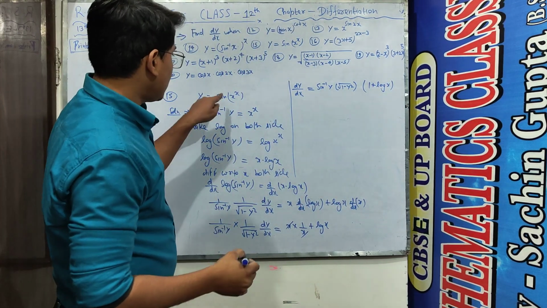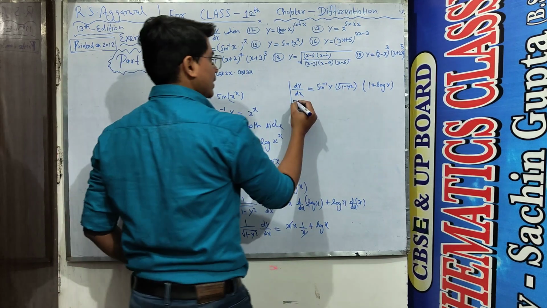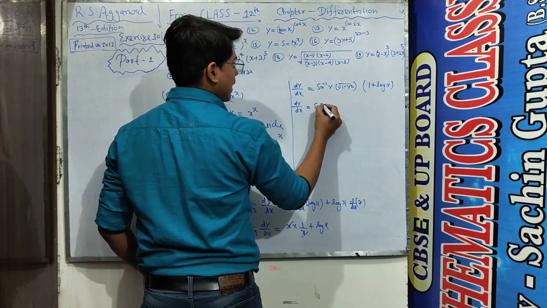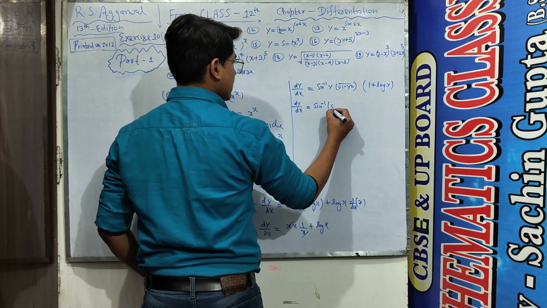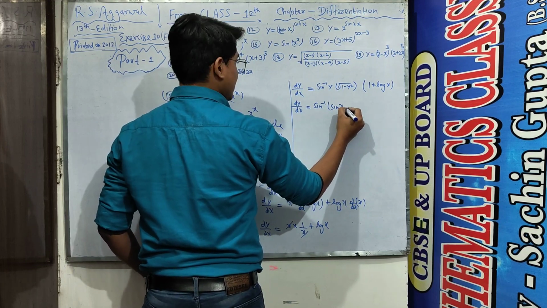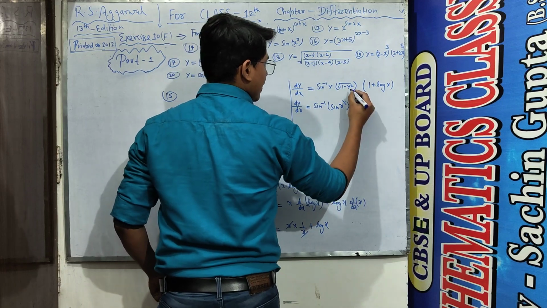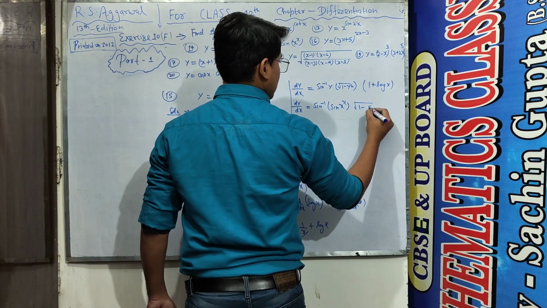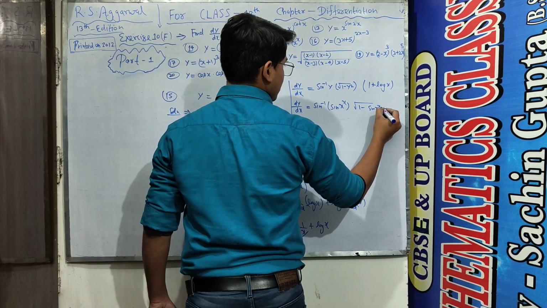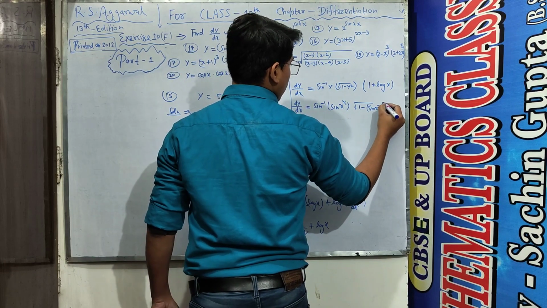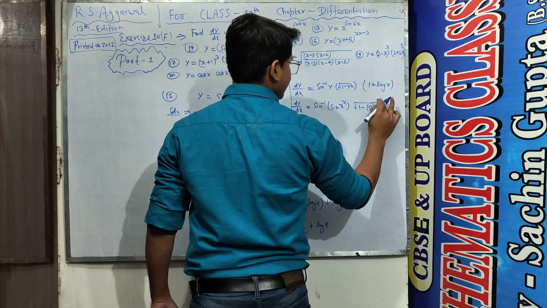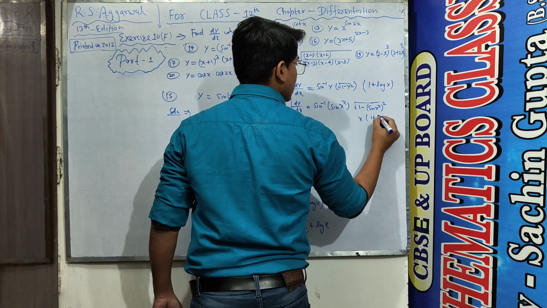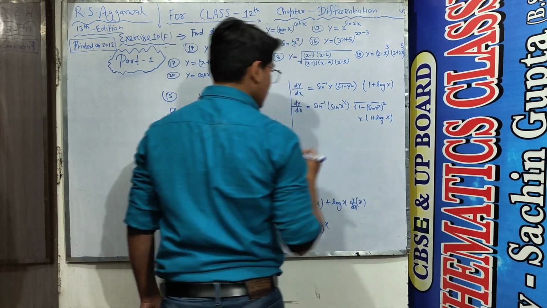Now I can put the value of sine x raised to the power x, so it looks like sine inverse, and the value of y is sine x raised to the power x, and here again the value of y is 1 minus sine x raised to the power x whole square, and in multiplication 1 plus log x also comes.